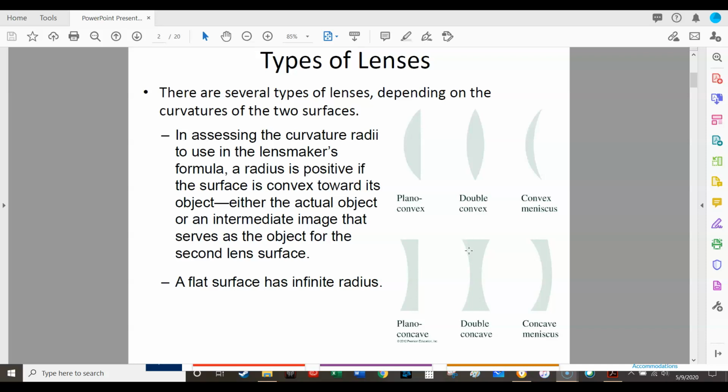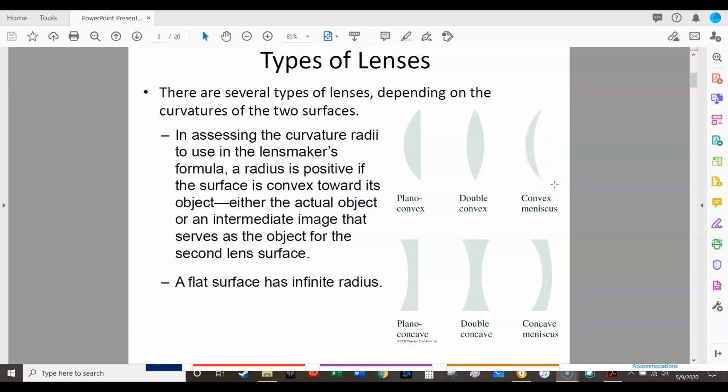Okay. There are also other types of lenses. Plano-convex lens, meaning plano means one side is flat and convex means the other side is convex, right? And then you have convex meniscus, where you have basically a convex and then also a concave side.